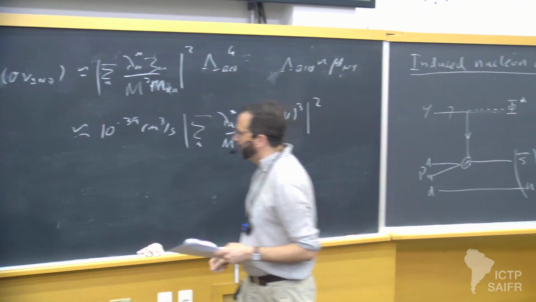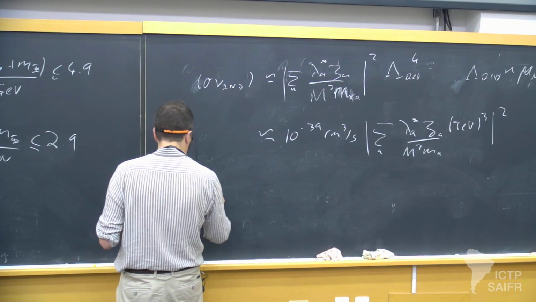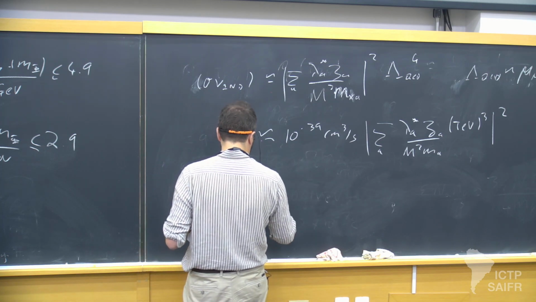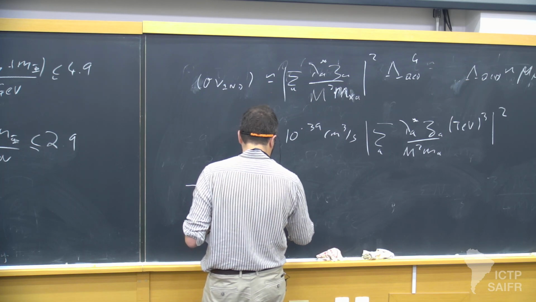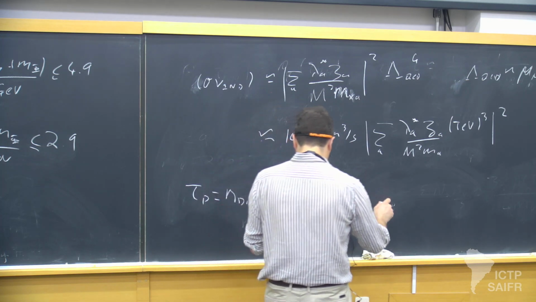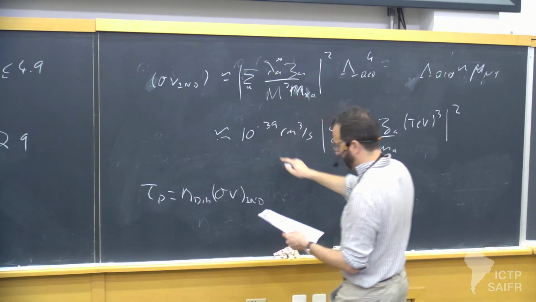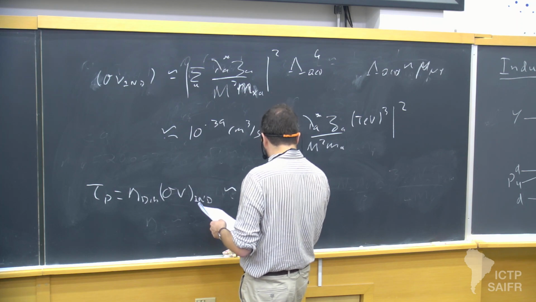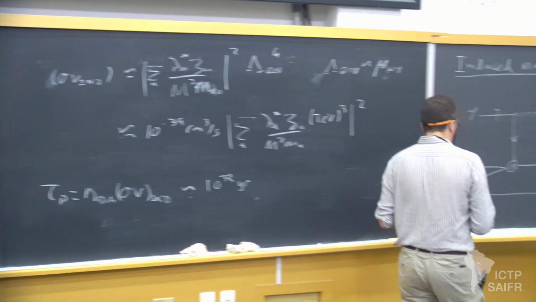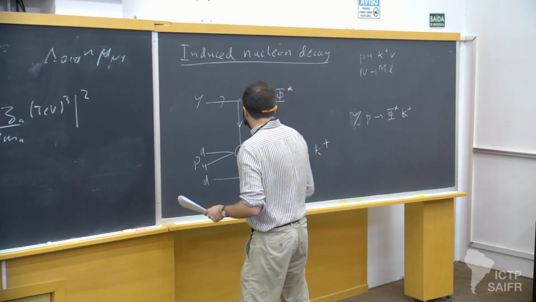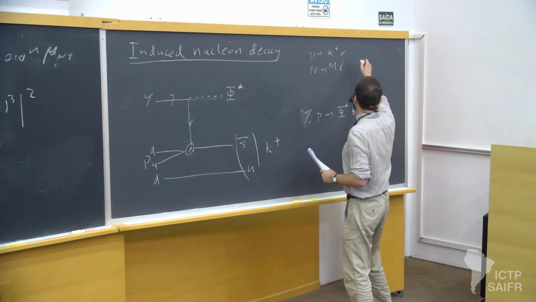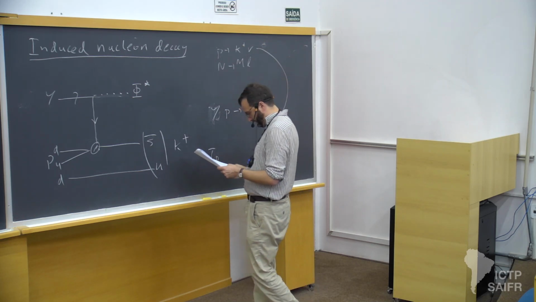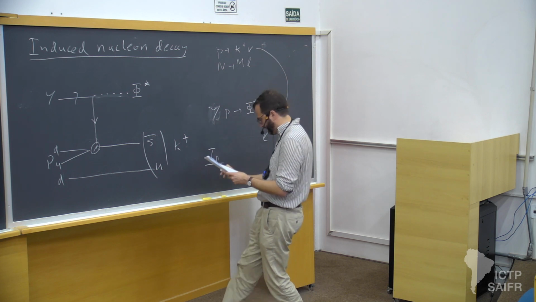Okay, and then the lifetime of your nucleon will just be the number density of dark matter times sigma V for induced nucleon decay. And for this number here, this turns out to be of the order of 10 to the 32 years. And the current limit on this decay is actually much stronger in terms of the lifetime.